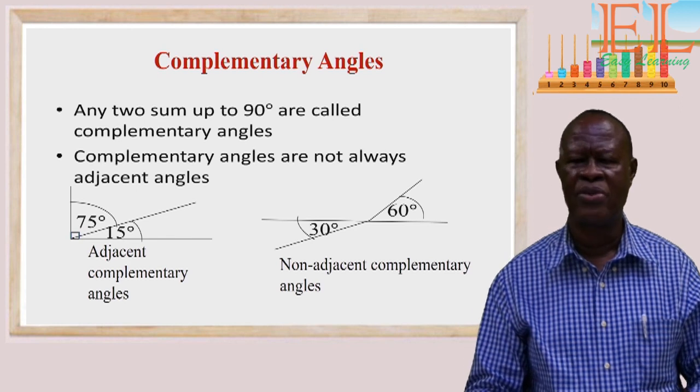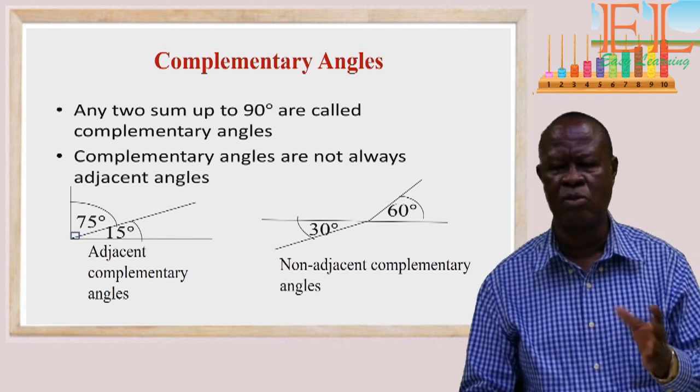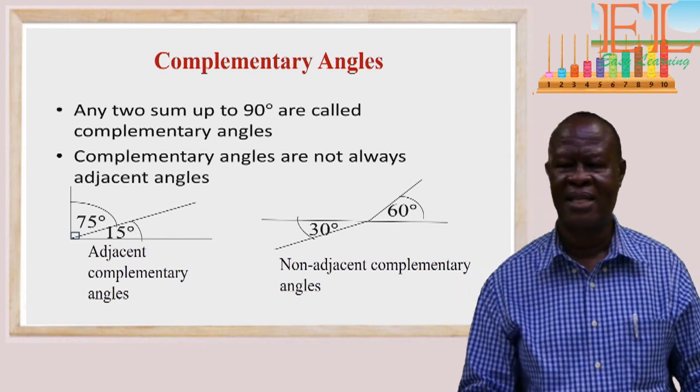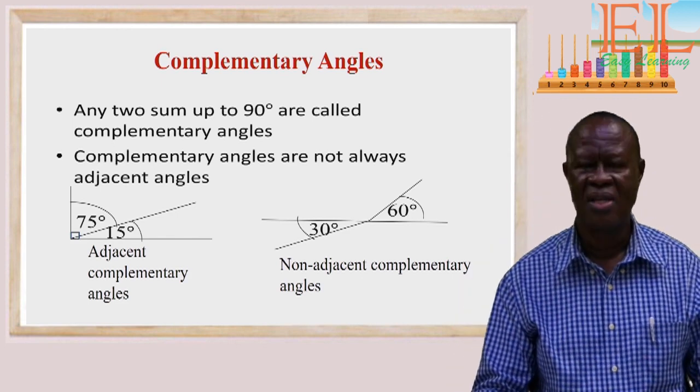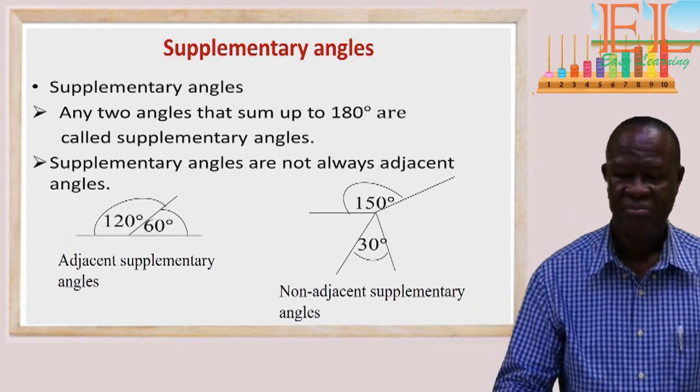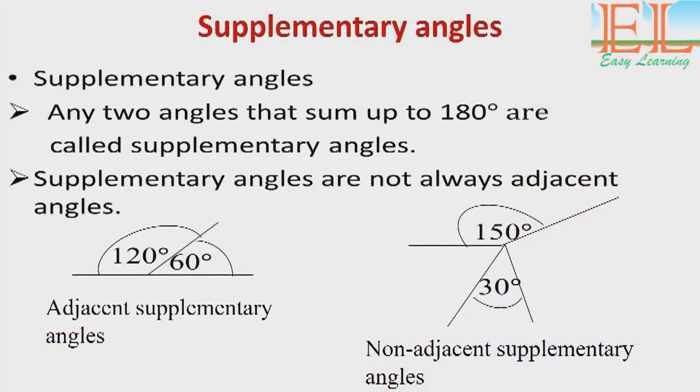Dear student, I hope this is clear so that you know the difference between adjacent complementary angles and non-adjacent complementary angles. Now let's look at supplementary angles. Here also we are talking about two angles that add up to 180 degrees. So any two angles that add up to 180 degrees, we call them supplementary angles.